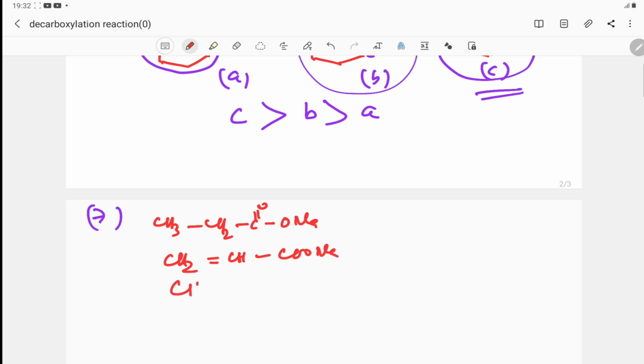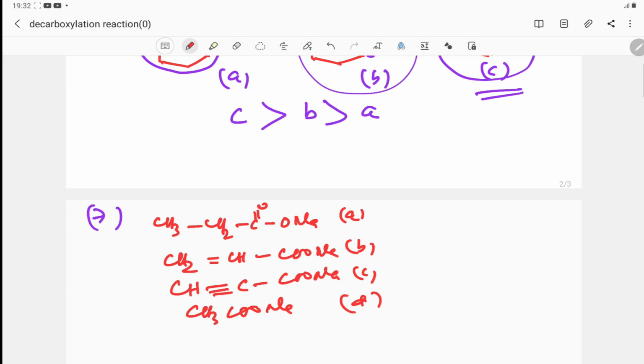Third example, CH triple bond C, then COO-Na. Then CH3 COO-Na. A, B, C and D, these are 3 types of acid derivative if you see.